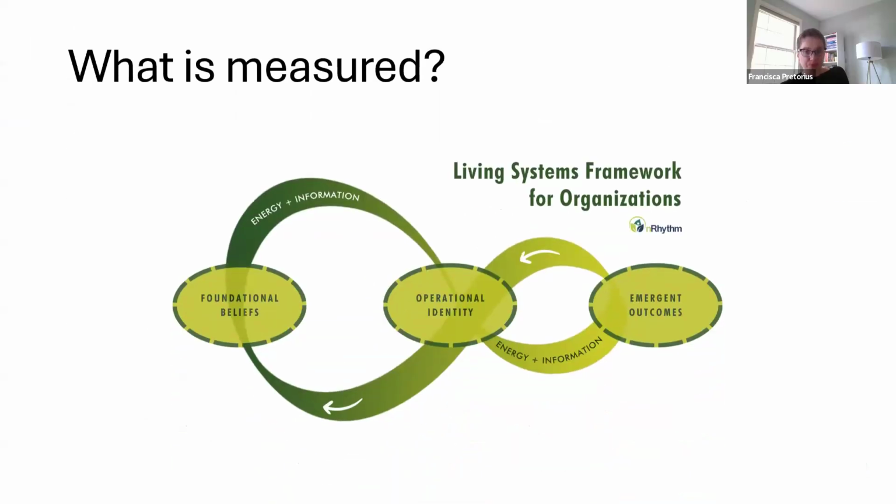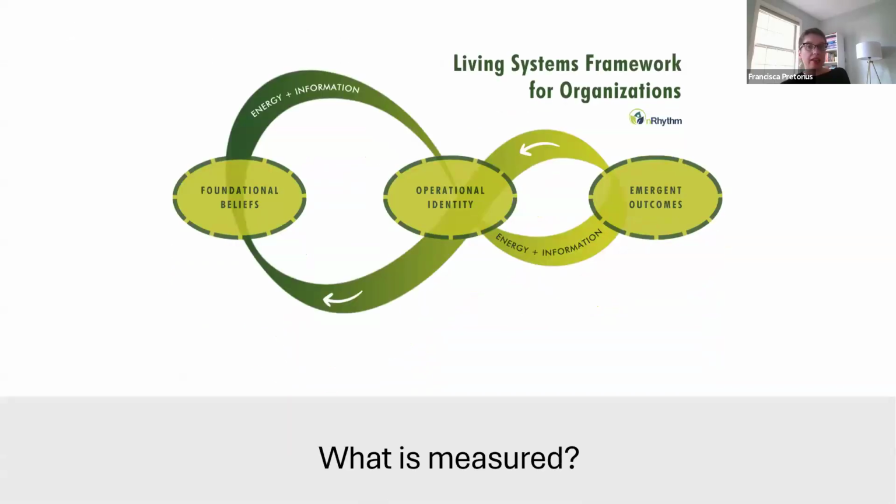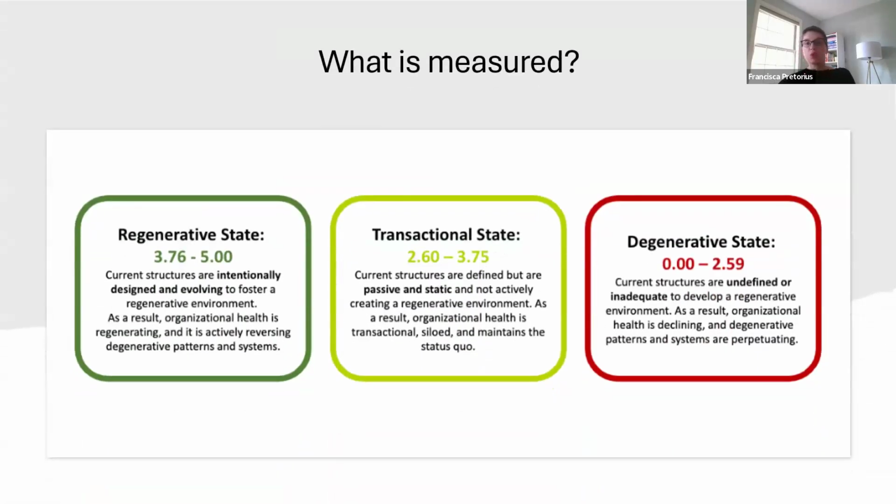So what is measured? Again, as I've said, we use our living systems framework and we measure within that. Once you've completed these 38 yes/no questions in these categories, we use the data to generate comprehensive reports. These reports offer a macro and a micro level insight into the health of the organization.